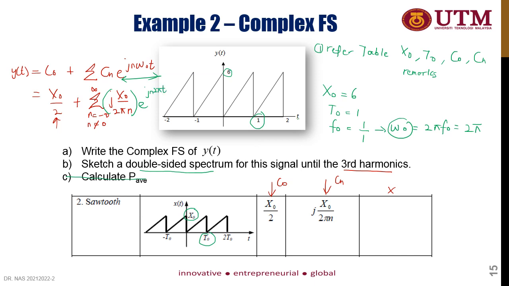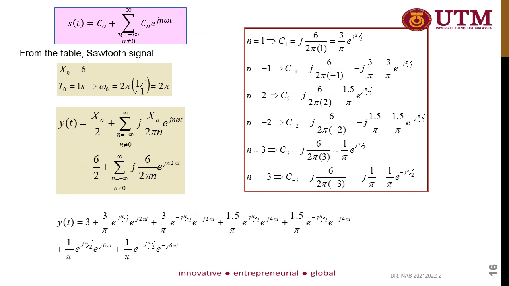Okay, this is the general equation. As shown in the earlier slide, this is your omega naught equal to 2 pi. So you can replace all the x naught and Cn equation and also your omega values.